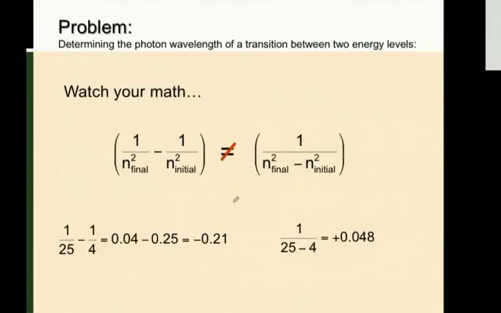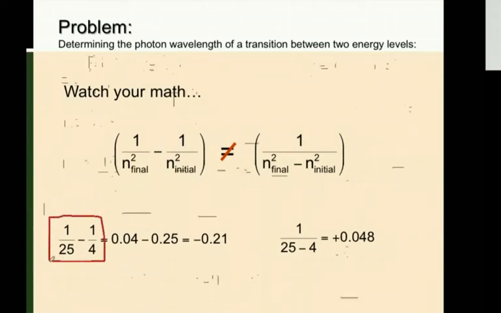Just be careful with your mathematics. Don't equate these two forms together. It's always 1 over n squared final minus 1 over n squared initial, never n squared final minus n squared initial, because you can get different values. So for example, this is our calculation from the previous slide.